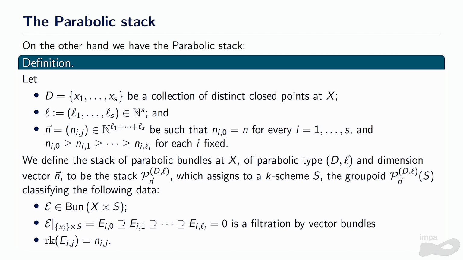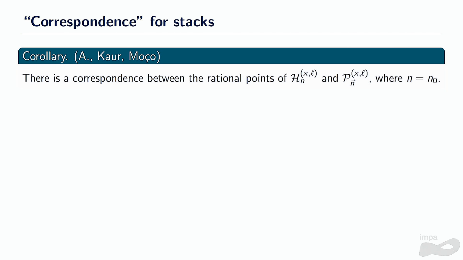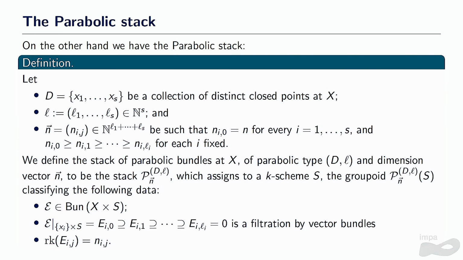So going back to our first theorem, as a corollary we have a correspondence between the rational points on the Hecke stack and the rational points on the parabolic stack. I forgot to say, but the same thing that I said about the Hecke stack: if we put in the place of S the spec of K, we're going to have a vector bundle on X and just a flag of vector spaces on the fiber of the point.